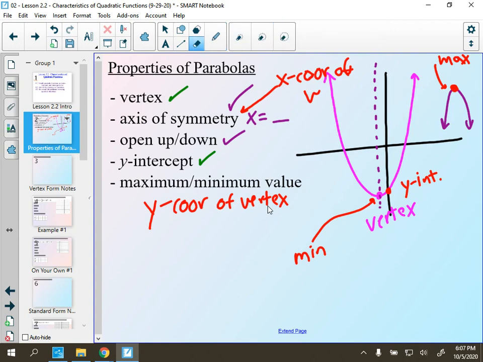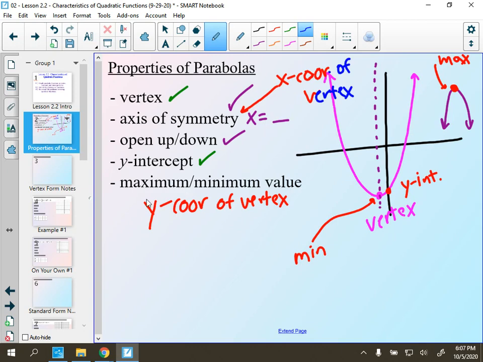Let's clean that up. Let's not rush. Do it right. The x-coordinate of the vertex. So there are 3 different pieces that are all connected to the vertex: the vertex, axis of symmetry, and the maximum or minimum value. All right, so this is just generic notes on parabolas, some stuff that will apply to the different forms.